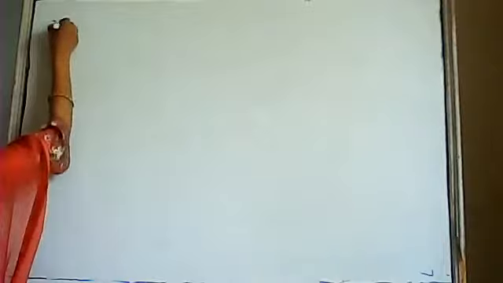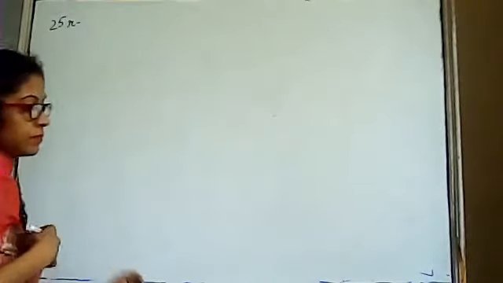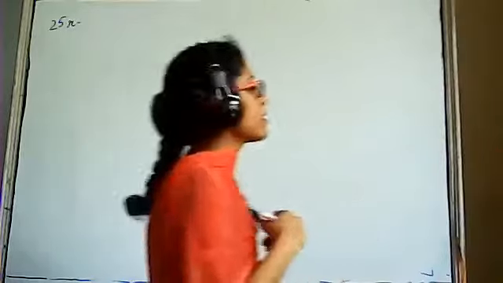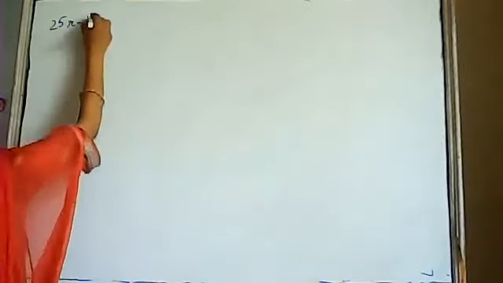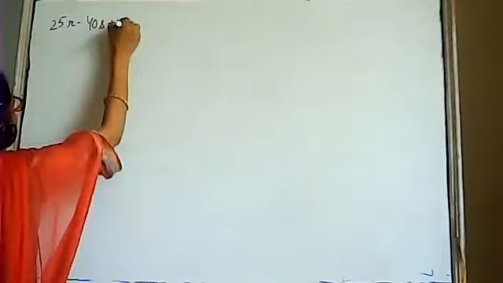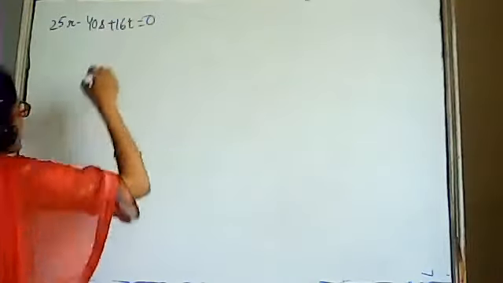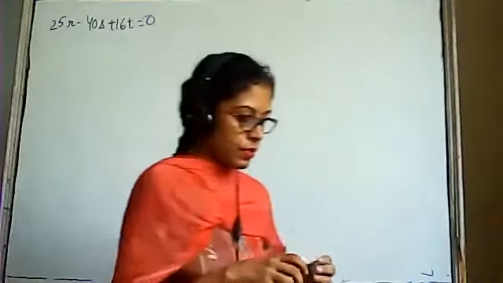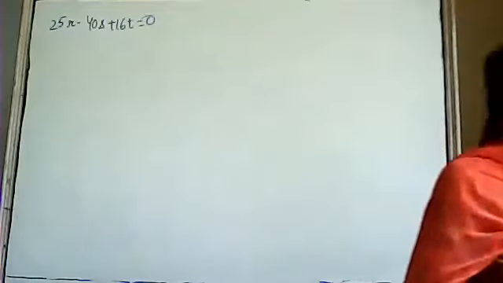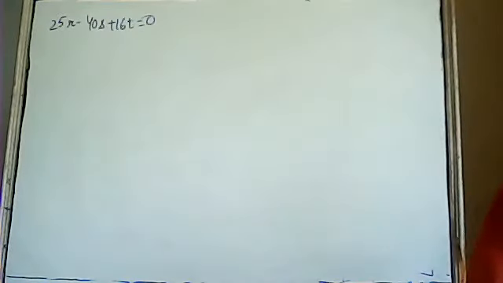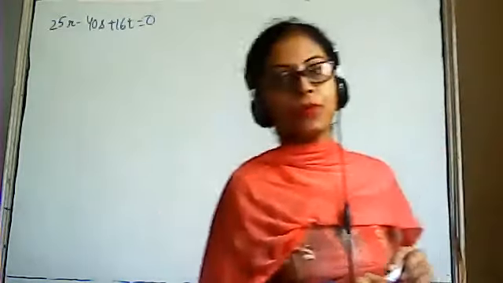Next is 25r − 40s + 16t = 0. Solve 25r − 40s + 16t = 0.